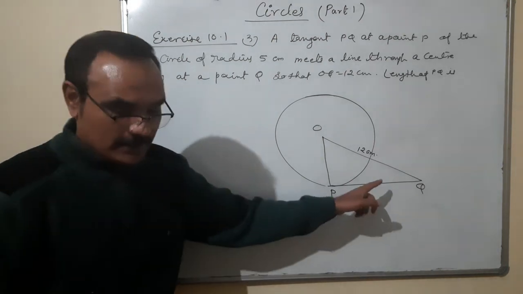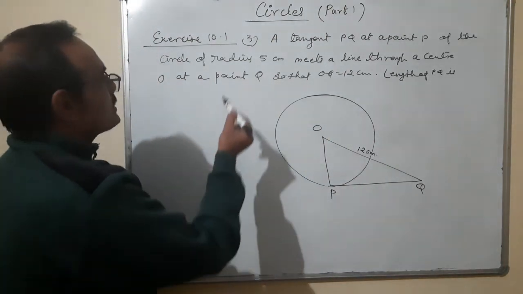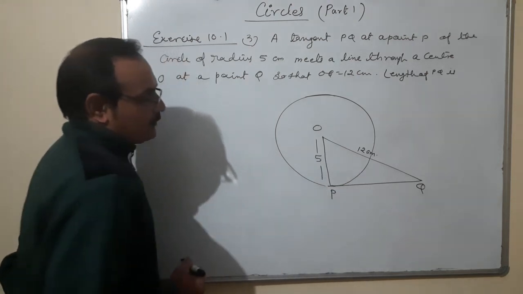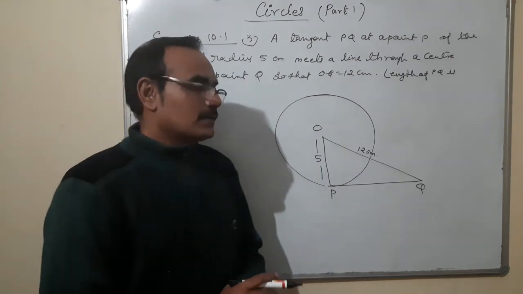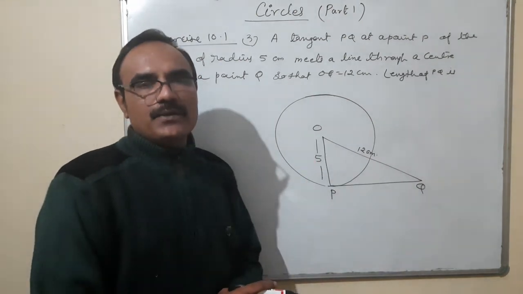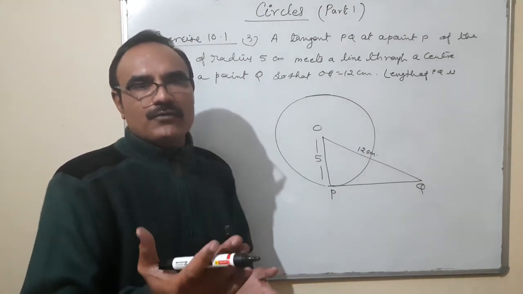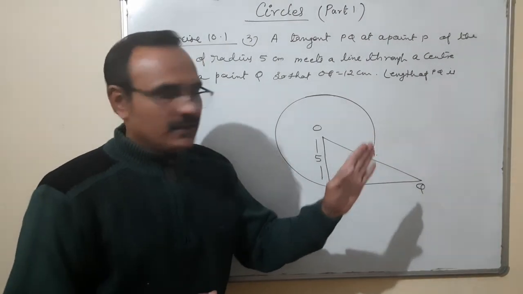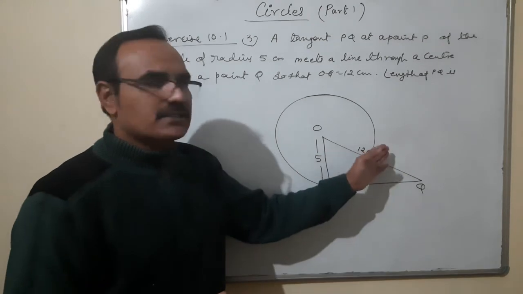We are going to find the length of PQ. Radius of circle is given 5. Generally, whenever students see that one side is 5 centimeter, one side is 12 centimeter, square of 5, 25, square of 12, 144, 144 plus 25, 169, that means it is 13. So simply they write 5, 12, 13.